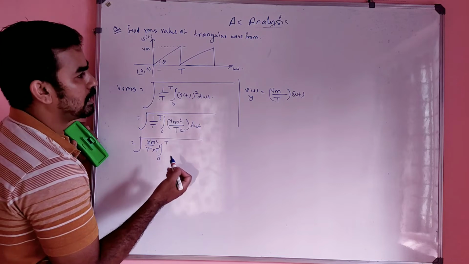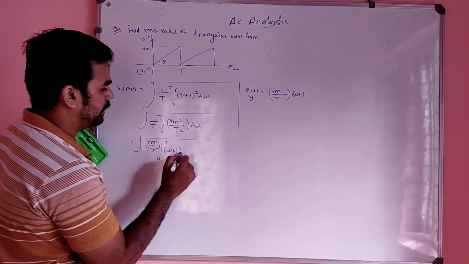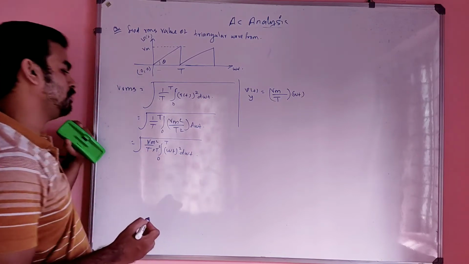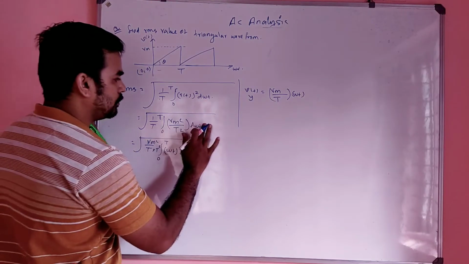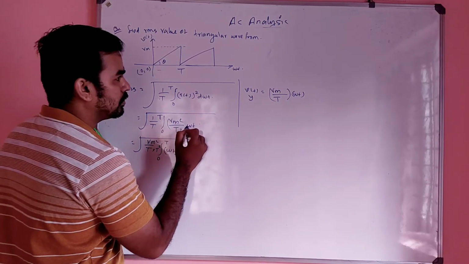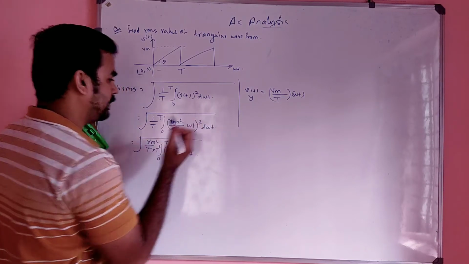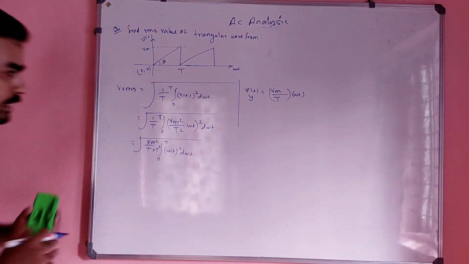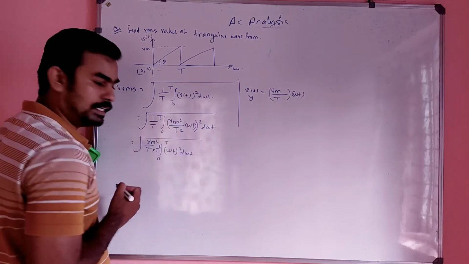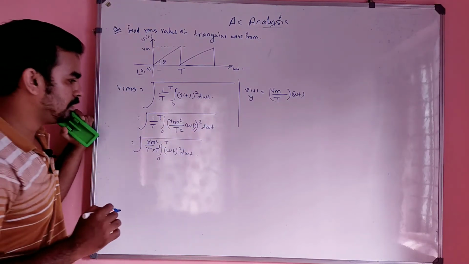So the remaining term will be simply omega t square d omega t. Is it correct or wrong? Correct.